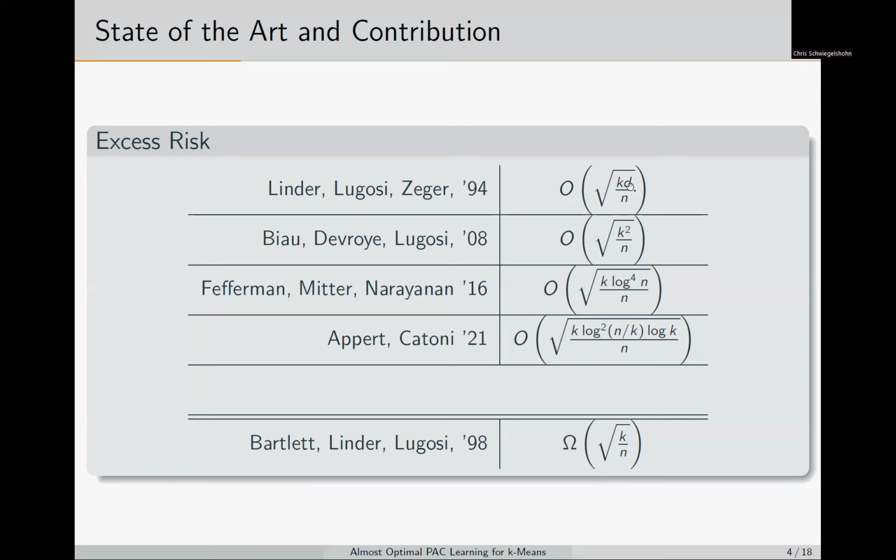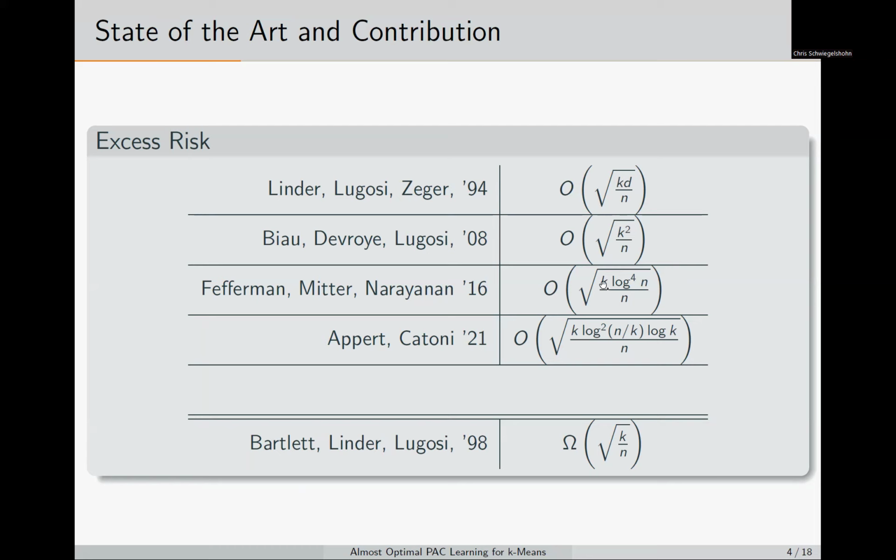The dependency on D is affordable if the dimensions are constant, but in high dimensions, it turns out to not be necessary, as proven by this next result by Biau, Devroye, and Lugosi, who managed to replace a dependency on D with a dependency on K. In 2016, Fefferman, Mitter, and Narayanan managed to obtain a breakthrough of sorts, where they eliminated excess dependencies on K and the dependency on D at the cost of a logarithmic dependency in n.